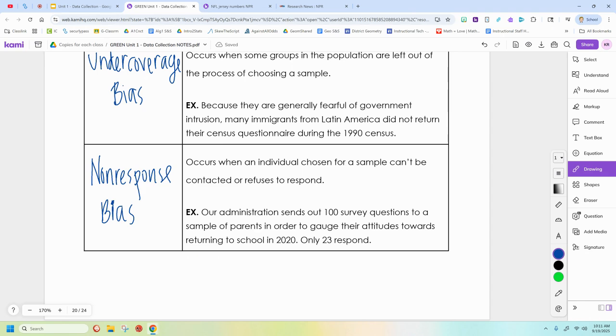I've asked my math kids to do it, and all the math teachers are supposed to do it, but there's certainly not a grade attached to it. People could choose not to do it, right? So there's this non-response bias. It happens all the time. If a survey was sent out to parents about their attitudes, and they only get 23 responses, that's not enough of a response. So once again, we try to make surveying convenient for people, which hopefully encourages people to respond, not just respond truthfully. All right, let's turn the page.